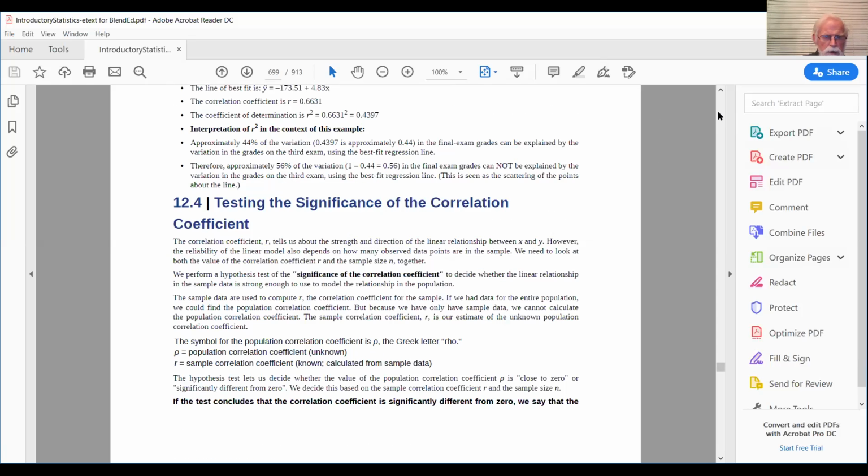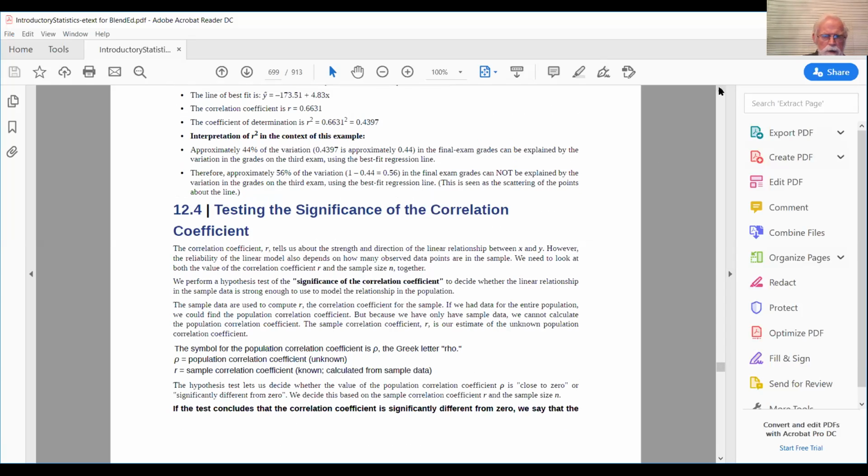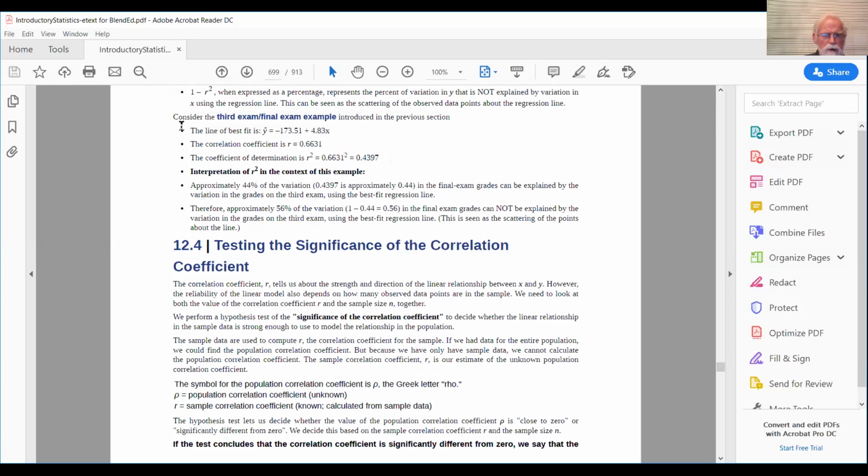If we look at the data in the example they gave us, the third exam, final exam example, the correlation coefficient is about 2/3, basically 0.6631.